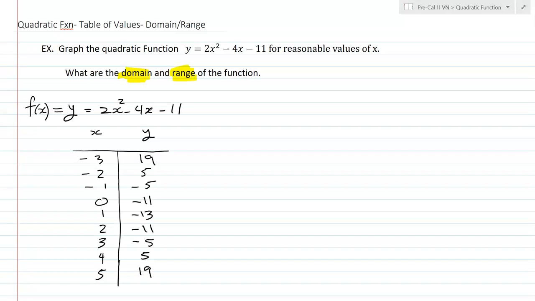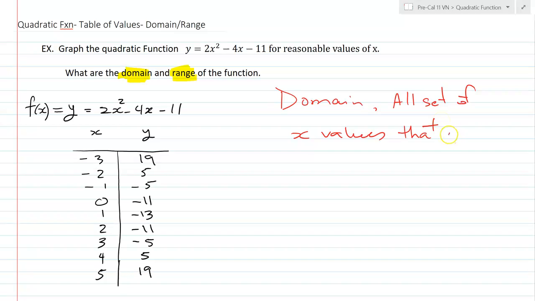The domain is the set of all x values that are possible for the function. So all x values.